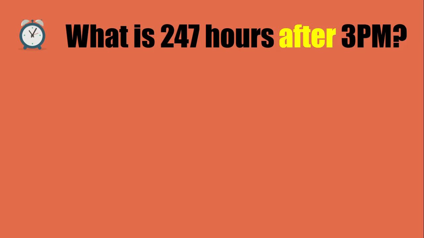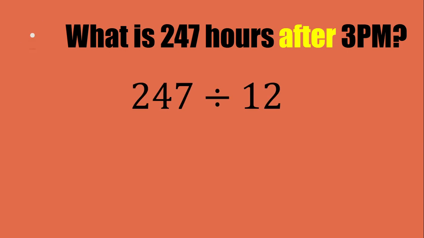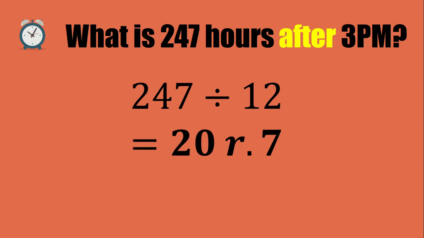Another example. What is 247 hours after 3 p.m.? Same procedure. Let's divide 247 by 12. The answer here is 20 remainder 7.